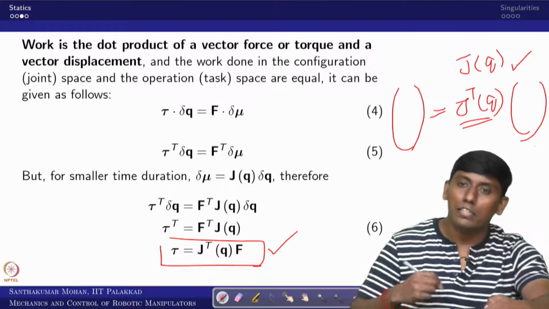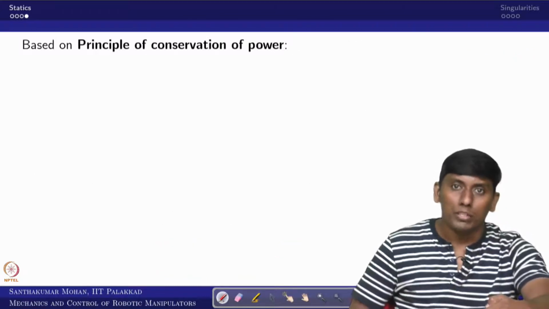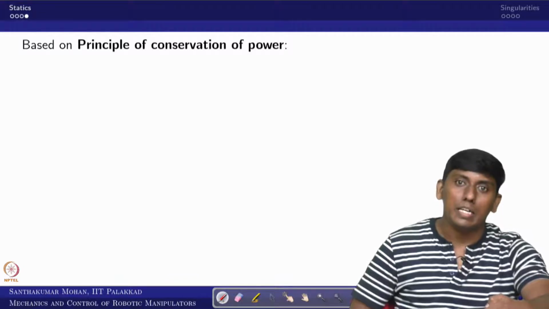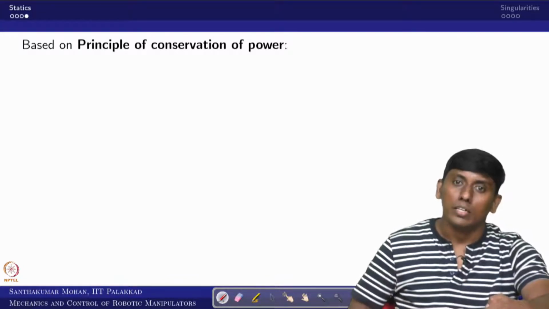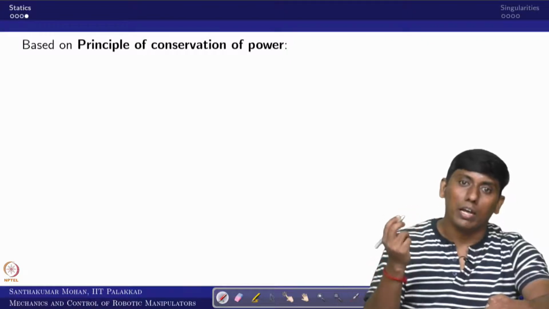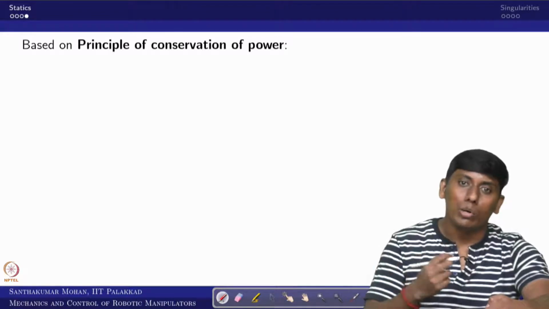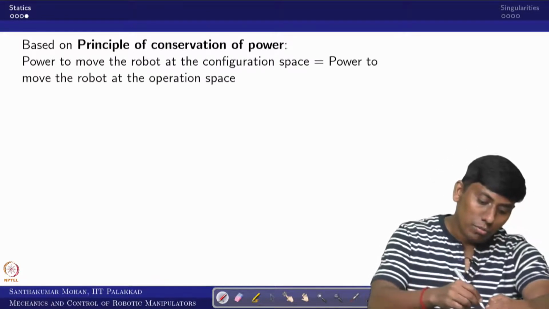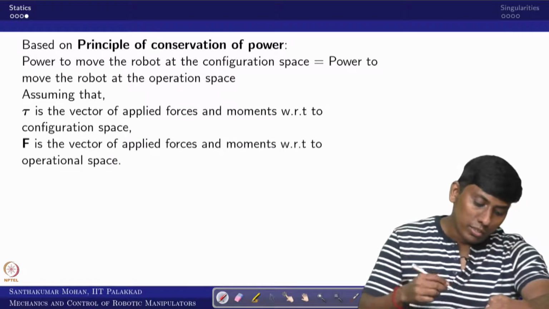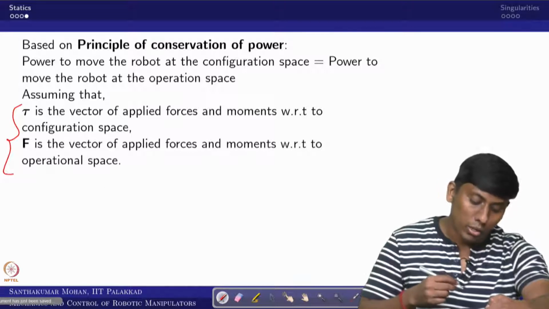The same relation some people would have written based on the conservation of power. What that means is, we assume that there are no losses, so whatever power happens at the output end, the task end, would be equal at the configuration end. So we can write that as a dot product.